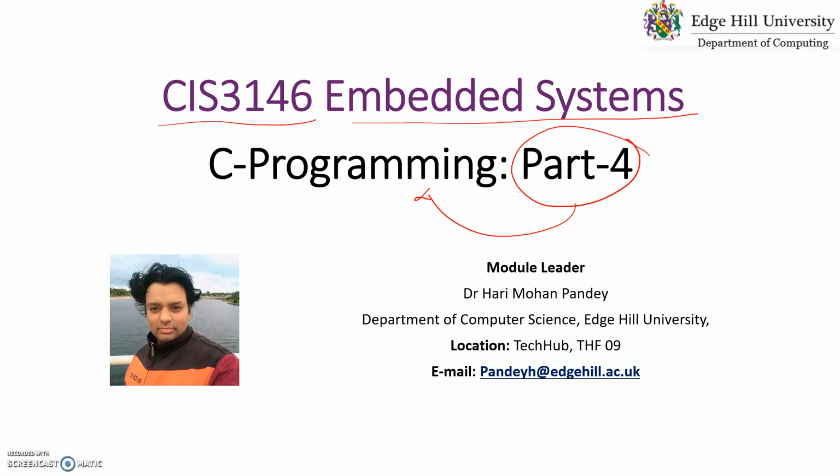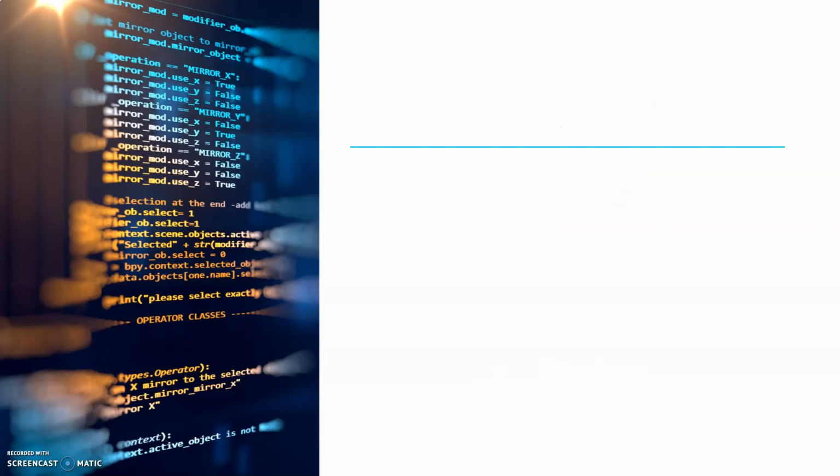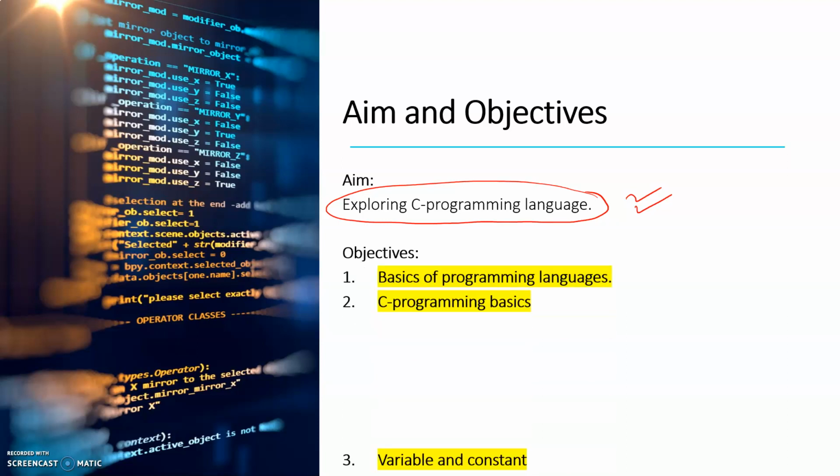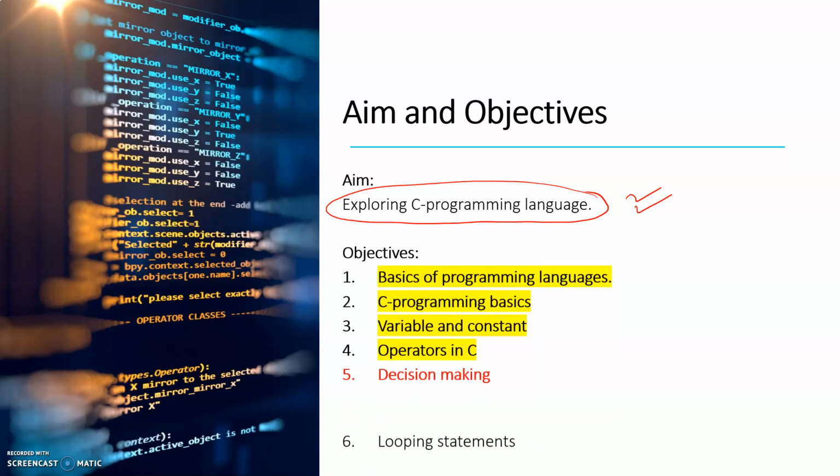So what we will do, we will take a quick look at the aim and objectives of the week 2 session. Here you can see the aim of week 2 is exploring the C programming language, and to achieve this aim, I have framed 7 objectives, which are listed here.